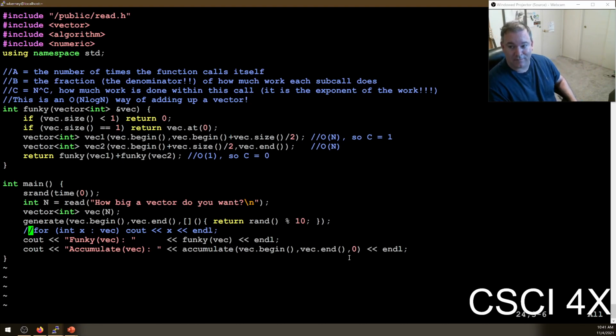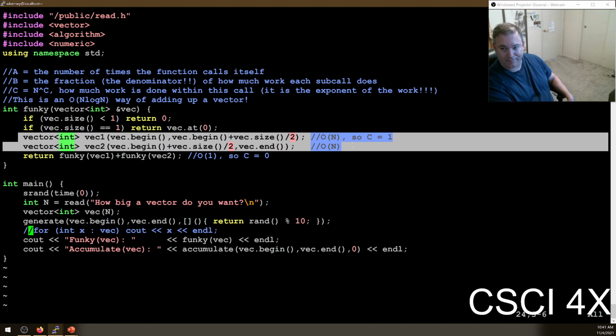Our code is slower, and the reason why is because we are doing all of these unnecessary copies. What we should be doing is just passing in a pair of integers. The pair of integers are the range, or you can pass in iterators, whatever. So we ought to be passing in just a range and having this thing operate within the range. And when the range gets down to size 0 or 1, we handle those base conditions.